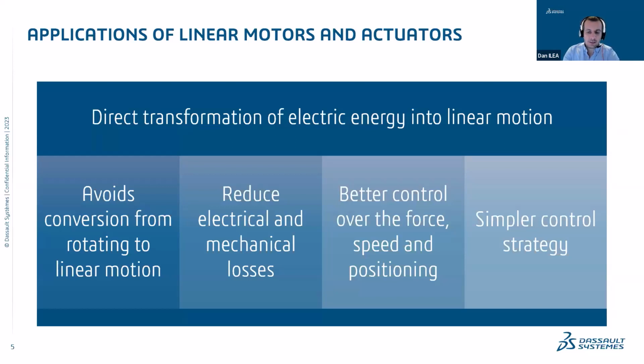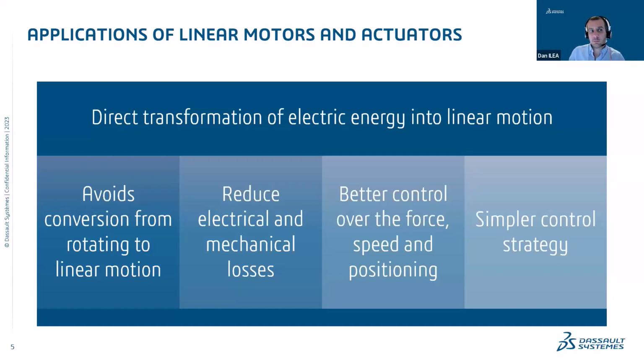Obviously, all of that adds complexity and reduces the efficiency of the conversion, and this is where linear actuators go straight from the electrical energy to the type of motion we need. So obviously the energy efficiency is much higher. Removing as many mechanical components as possible also reduces the mechanical losses and any other electrical losses used by maybe a rotating motor.